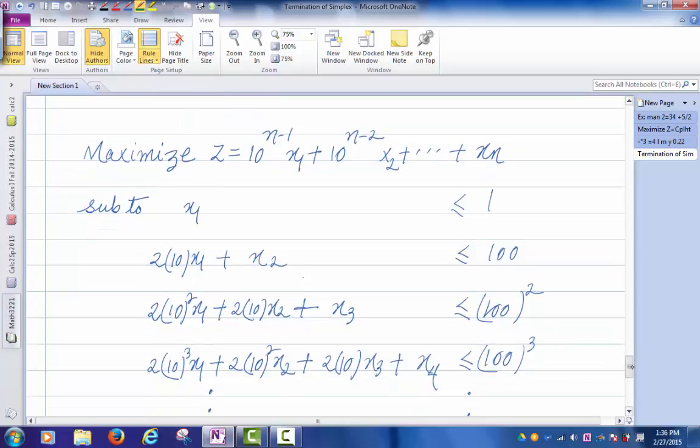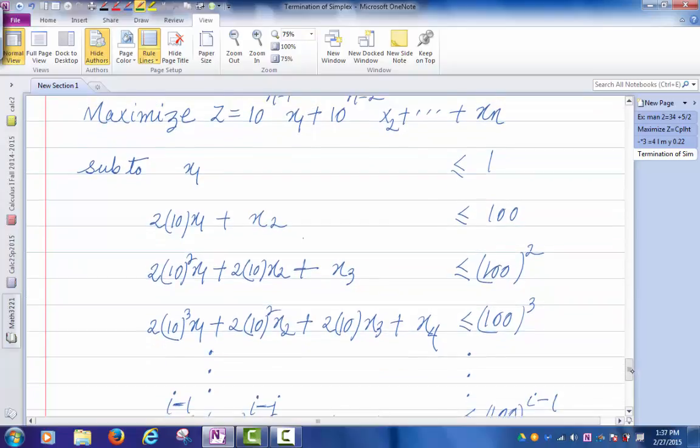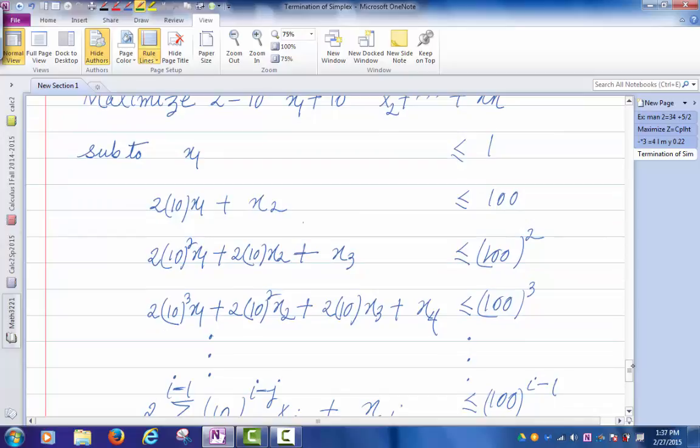And so the problem is maximize z equals 10 to the n minus 1 x1, plus 10 to the n minus 2 x2, plus and so on. So the power on 10 is decreasing. The constraints are, the first constraint is just x1 less than or equal to 1. The second one, notice that I have 2 times 10 x1 plus x2.